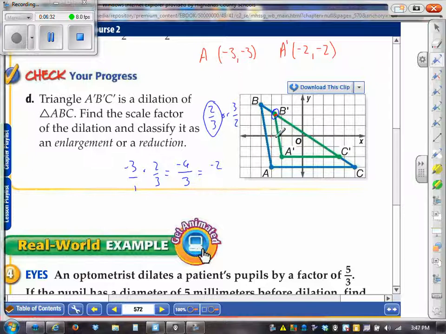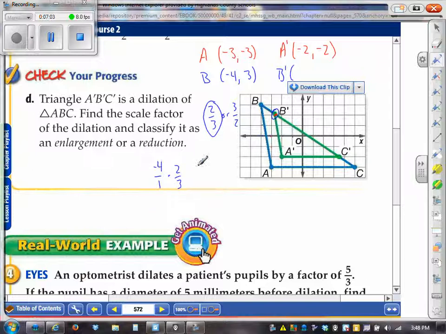This is negative something. So the original B is at negative 1, negative 2, negative 3, negative 4, and then 1, 2, 3. So (-4, 3). Well, where's B prime? We're going to multiply this by 2/3. So negative 4 over 1 times 2 over 3.